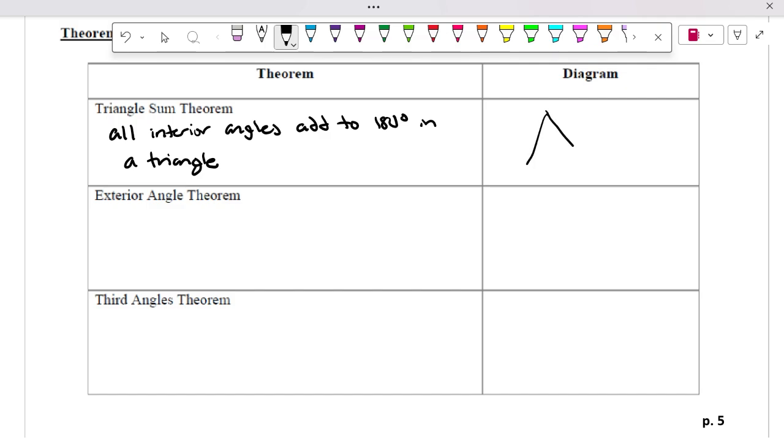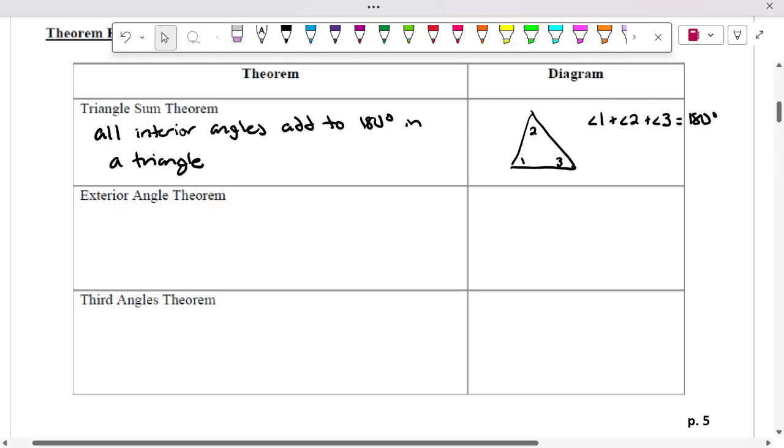So, if I drew a diagram, it's called this angle 1, angle 2, angle 3. Remember, interior means what? Inside the triangle. So, that means angle 1 plus angle 2 plus angle 3 is equal to 180 degrees. You guys have been learning that one since probably late elementary school.